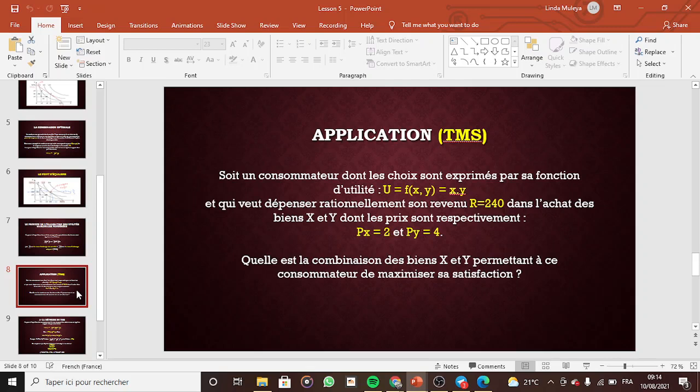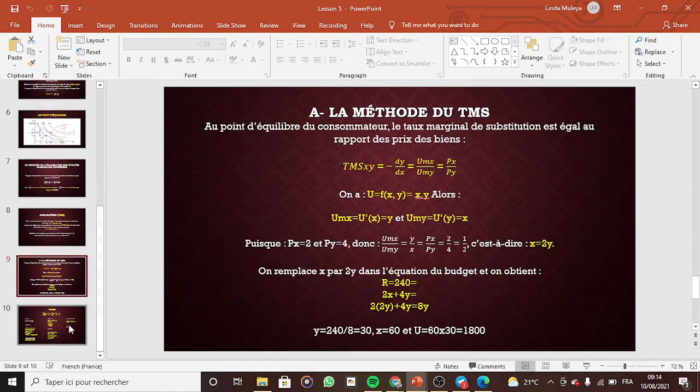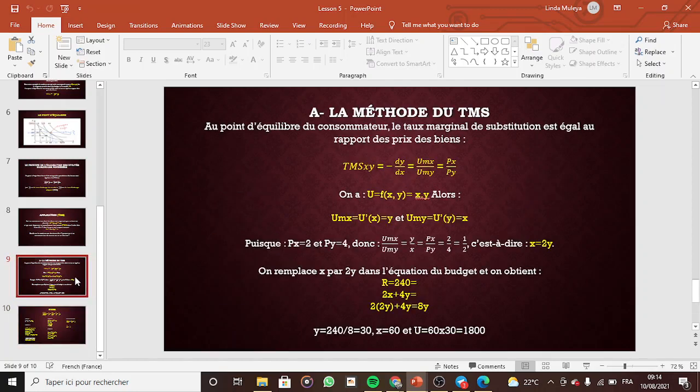In our application, we saw how to find the best combination of goods, taking into consideration the budget of our consumer by using the method of the marginal rate of substitution. So we had this question here, and it's shown throughout this PowerPoint, but we will use the question that I gave you to look at it in more detail.